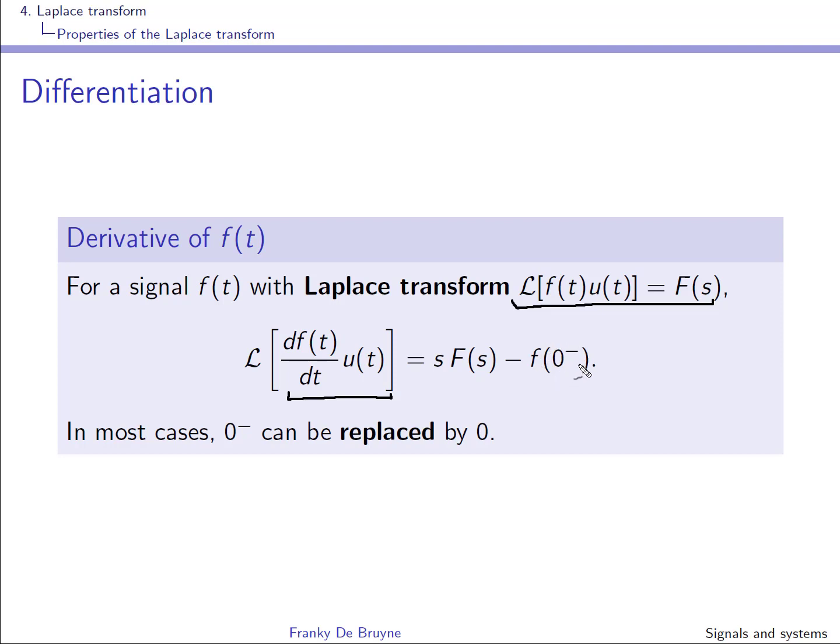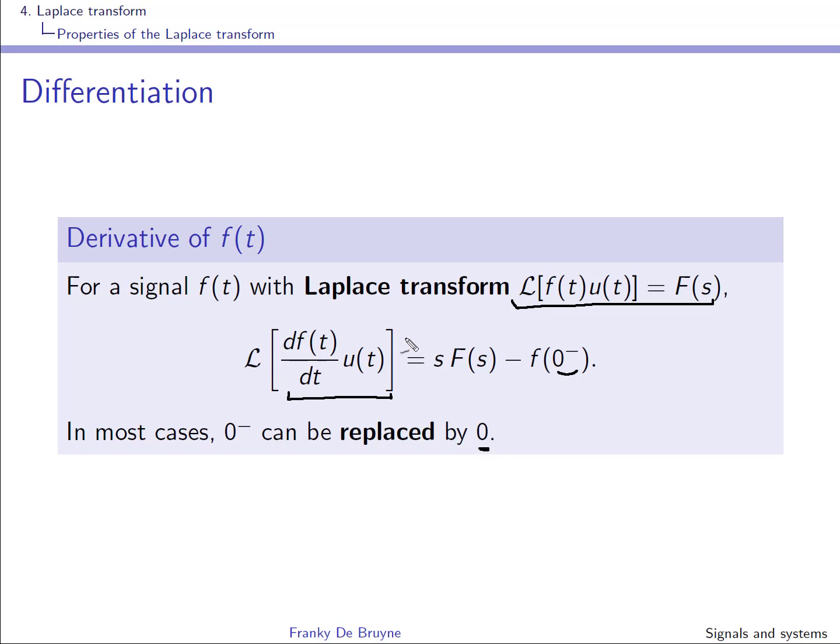In most cases you'll be allowed to say 0, but in some other cases that will involve the Dirac impulse, you'll have to put 0 minus here. So this 0 minus is something rather technical. In all the practical applications that we'll do, you'll simply be able to replace this 0 minus by 0.